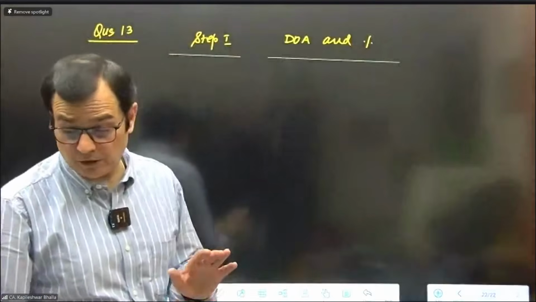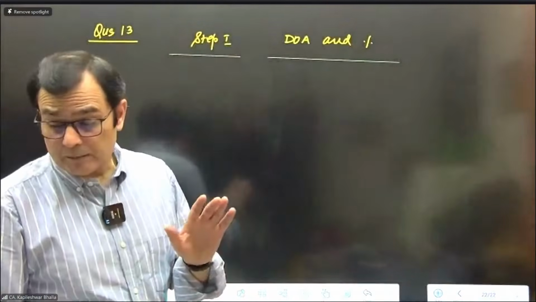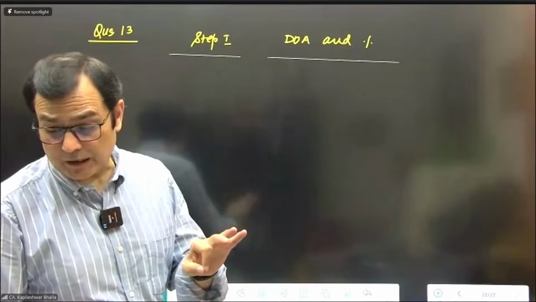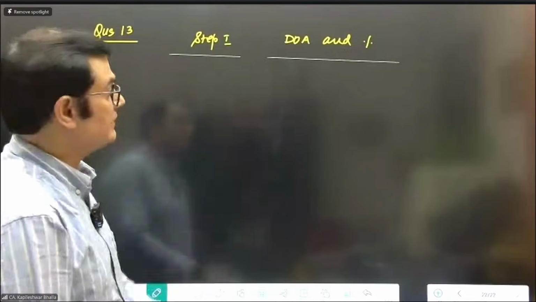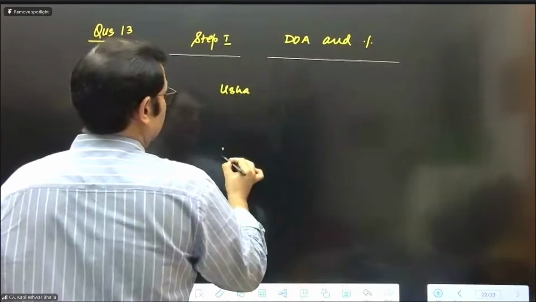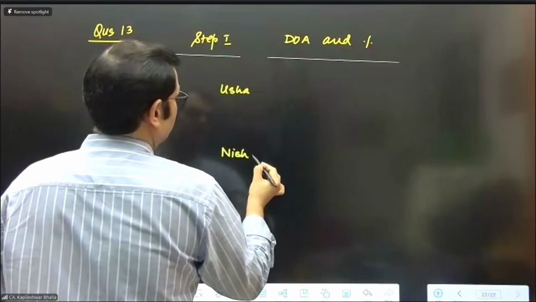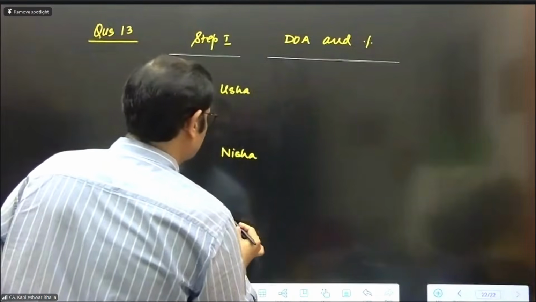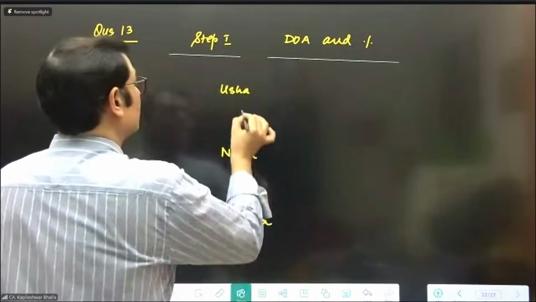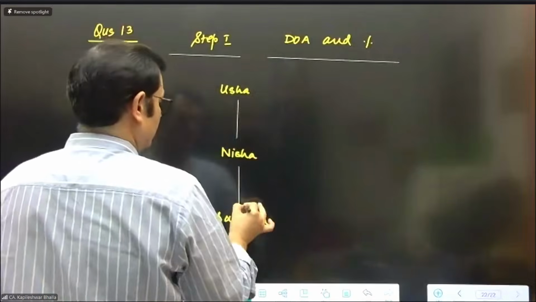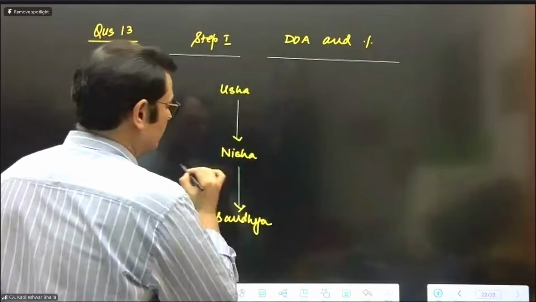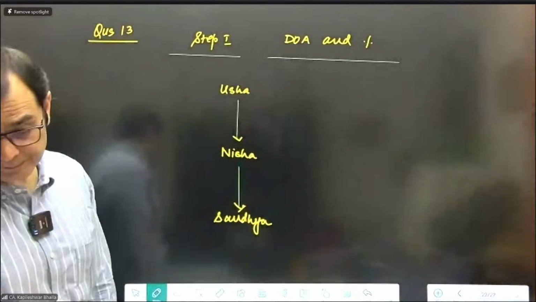So first, let's look at the percentages. Point number 1 tells you Usha has got shares in Nisha, and Nisha has got shares in Sandhya. So first we'll note down the percentages which each has in each company, and then we'll see the special agenda.